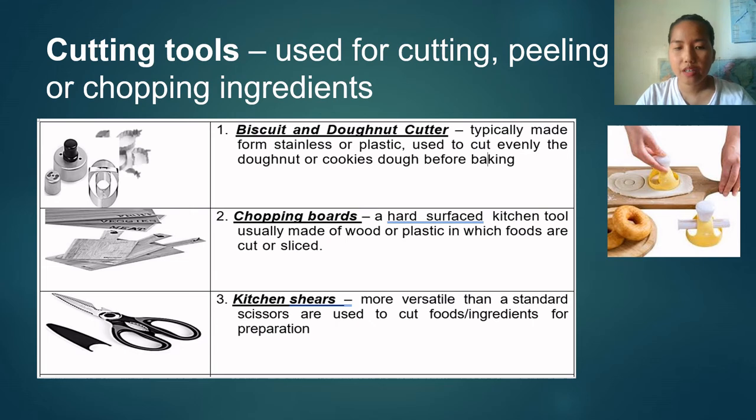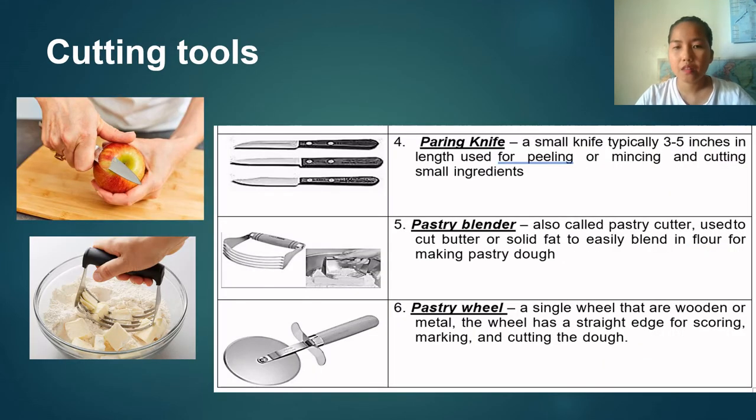Next, we have kitchen shears, used to cut food or ingredient wrappers. Next is the paring knife, a small knife typically 3 to 5 inches in length.